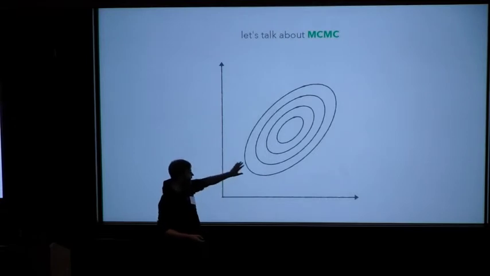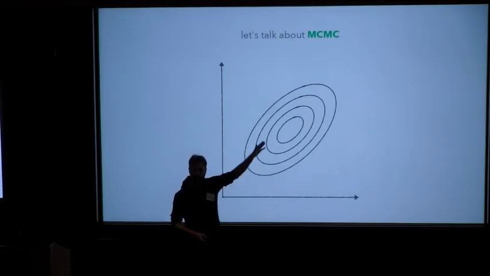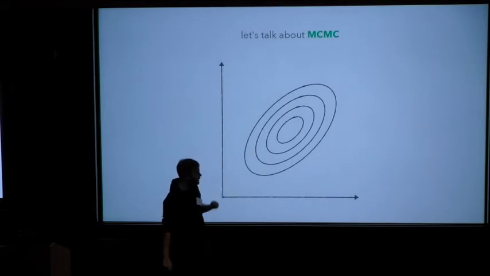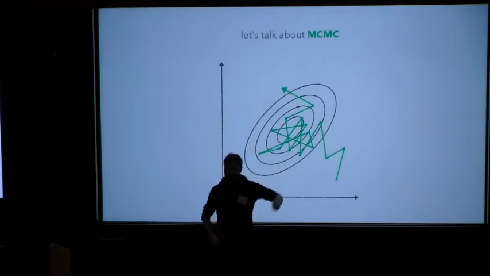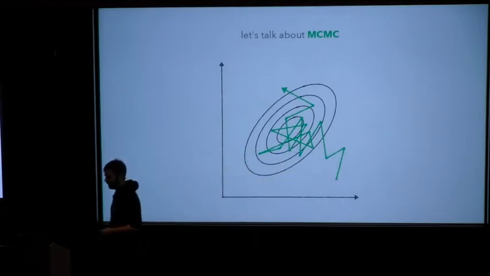Here I'm plotting log probability contours, and I want to draw samples from this space. And when you run MCMC, you get something like this, where you start somewhere in parameter space and you walk around and you accept and reject samples as you go through.